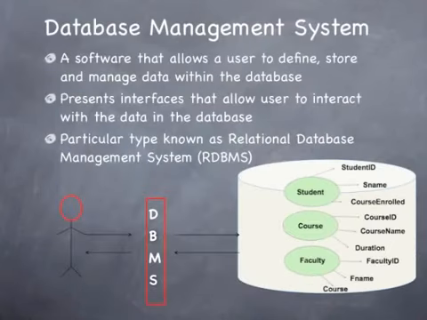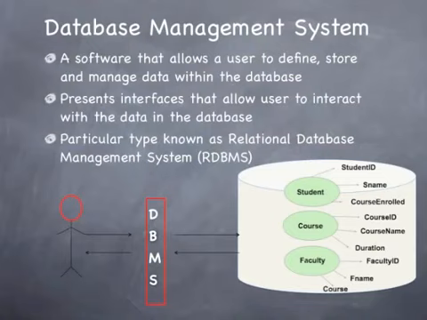We now try to look at what is meant by a database management system. A database management system is software that allows a user to interact with a database. The database management system, if you look at the diagram, is between the user and the database. It provides interfaces that allow the user to interact with the data.